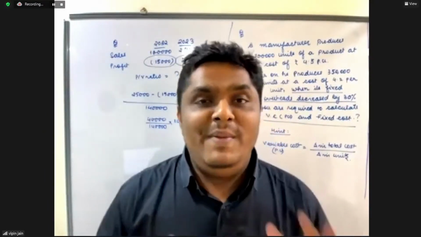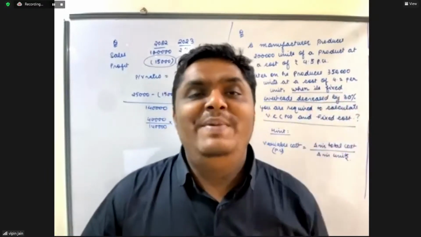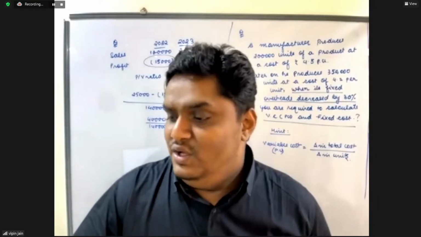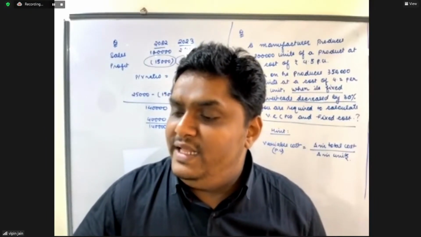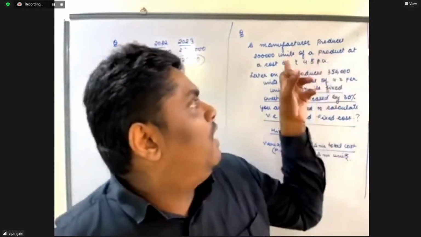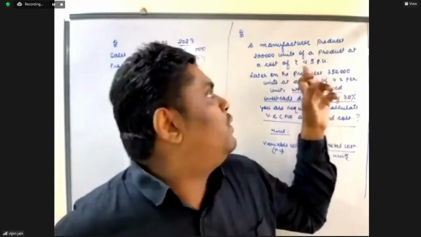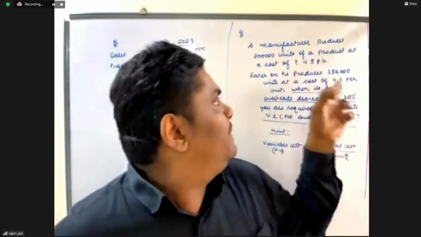So think a little, use your mind, do necessary research and be ready with the answer for the next session. So Sushil Kumar Barik, I'm reading the question for you. A manufacturer produces 2 lakh units of a product at a cost of 4.5 per unit.